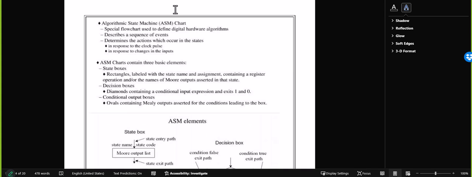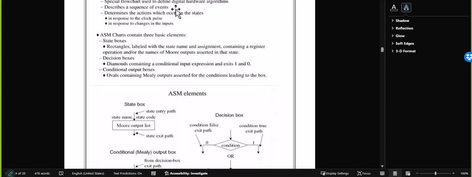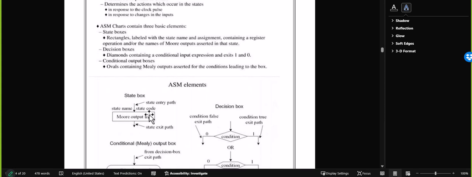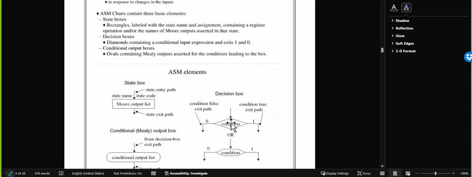It determines the actions that happen in the states in response to the clock pulse or in response to inputs.